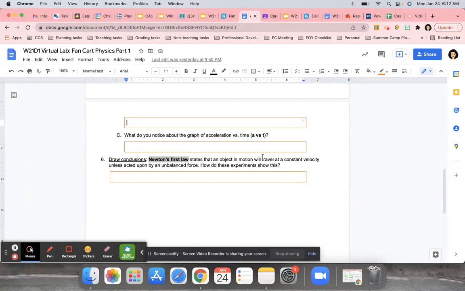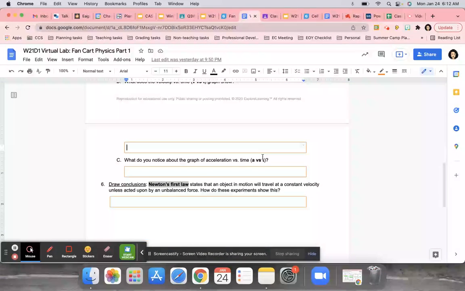And lastly, you will now draw the conclusion for Newton's first law. So Newton's first law states that an object in motion will travel at constant velocity unless acted upon by an unbalanced force. So how do these experiments show this? So you will explain how unbalanced force is applied to both situations, without the fans and with the fans, and what happened to the motion of the cart.